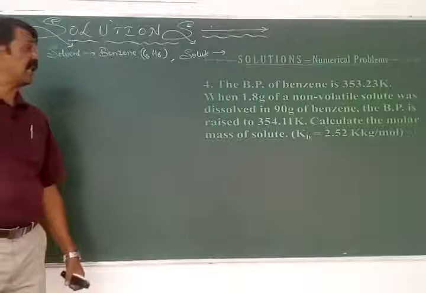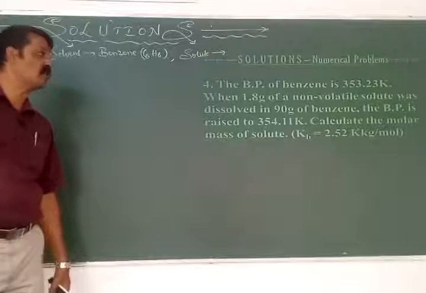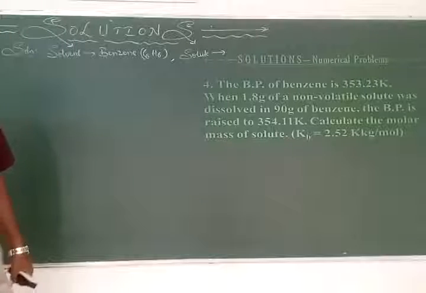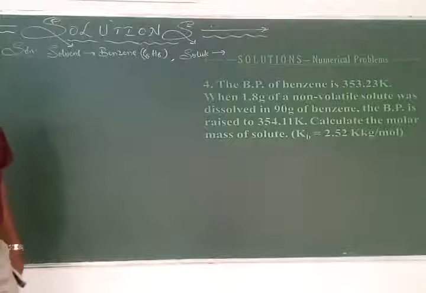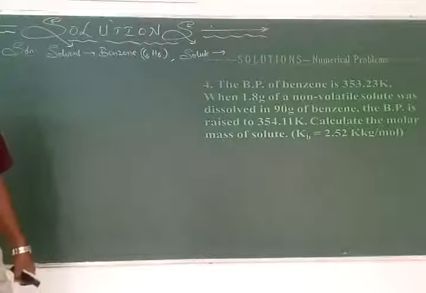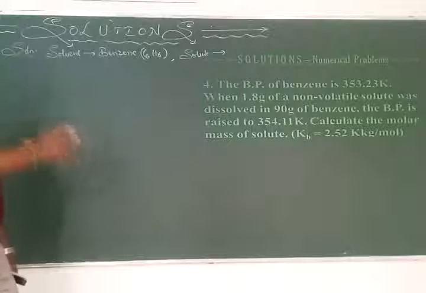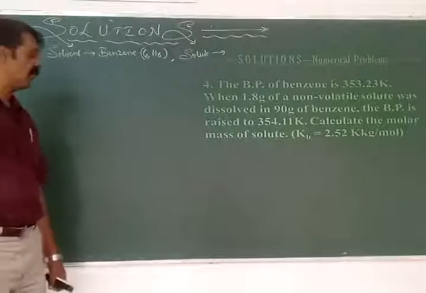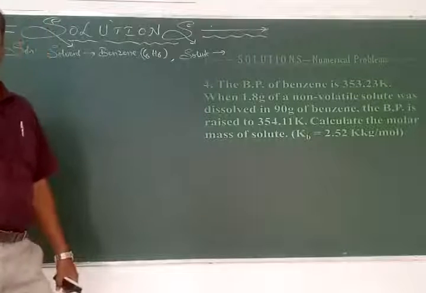When 1.8 grams of a non-volatile solute was dissolved in 90 grams of benzene, the BP is raised to 354.11 Kelvin. Calculate the molecular mass or the molar mass of the solute, given Kb is equal to 2.52 Kelvin kg per mole.